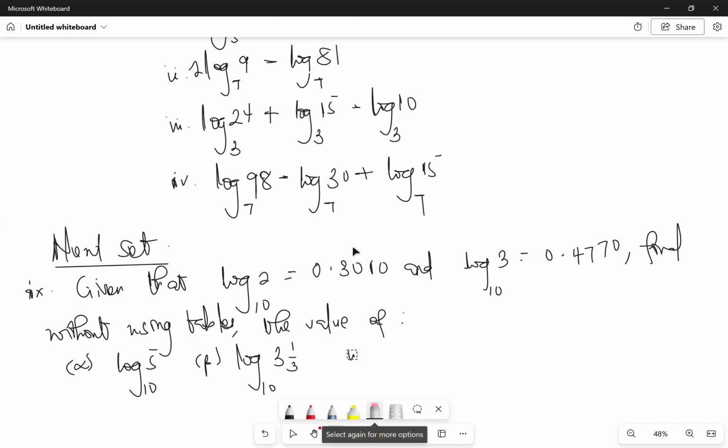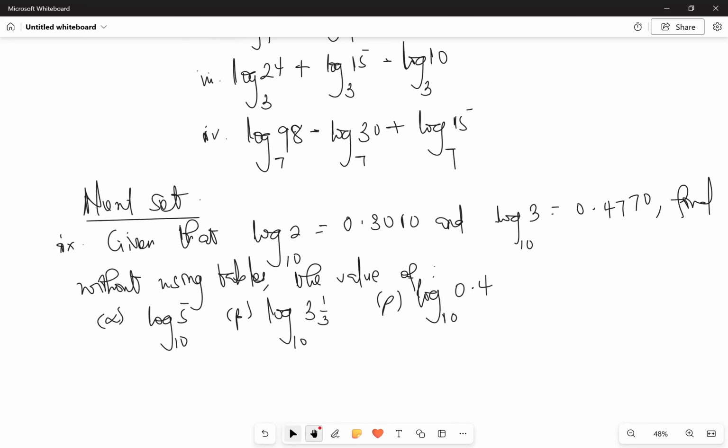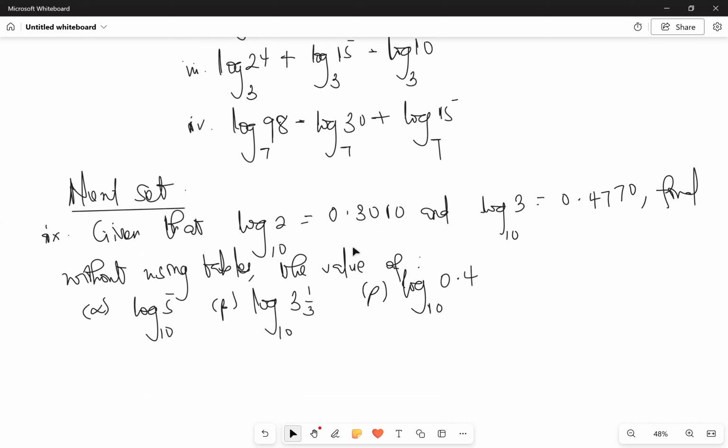Rule: log 0.4 base 10. It's been a while since I tried examples like this, but we'll navigate together. Okay, finish writing and let's look at them.